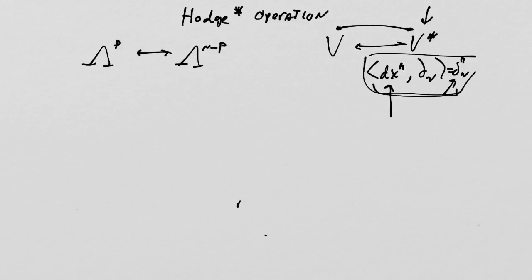And that something more was the inner product. I think I was using parentheses back then for the inner product. So it would be v, w, both elements of the vector space V, mapping to an element of the real numbers. And once we had that inner product, then we could establish this correspondence. A very similar idea exists here. We have two separate vector spaces.